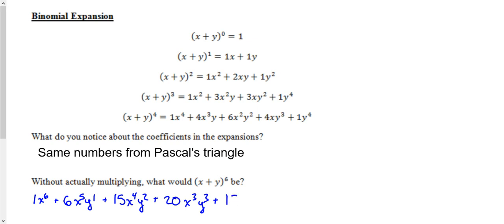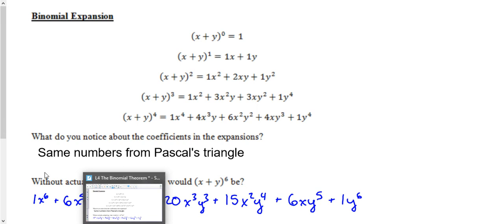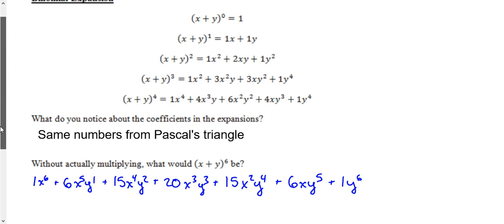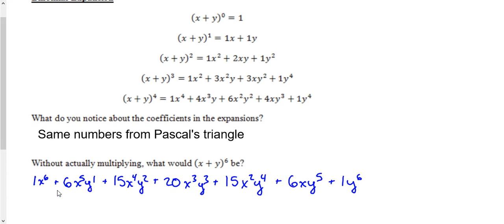We're adding on 15, this time x squared, y exponent 4, plus 6, x, y exponent 5, and finally, plus 1, y exponent 6, because this should have been x exponent 0 here, but again, anything exponent 0 just simplifies to 1 and gets multiplied out. So this here would be x plus y exponent 6. So without doing a ton of distribution, you could just simply use Pascal's triangle and write this down.